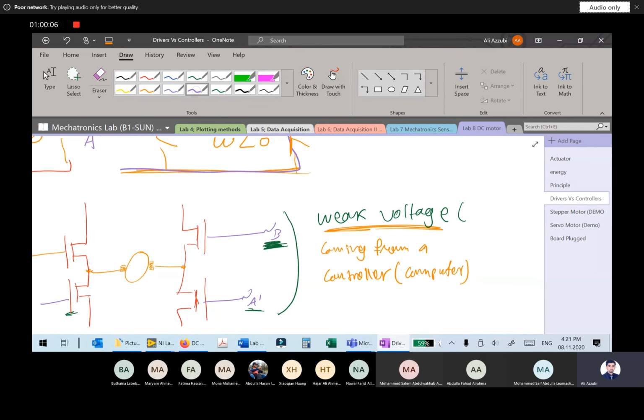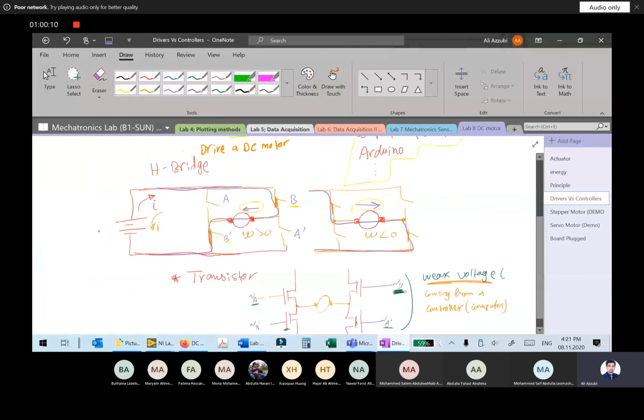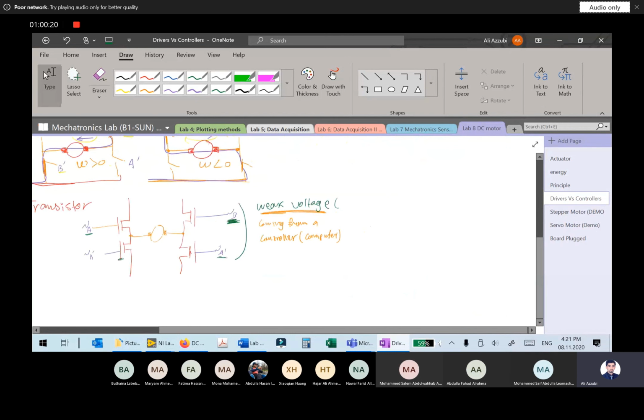And the circuitry automatically will draw the power from your power supply like this. So all of these are taking some weak voltages, a weak voltage to close a couple of transistors.